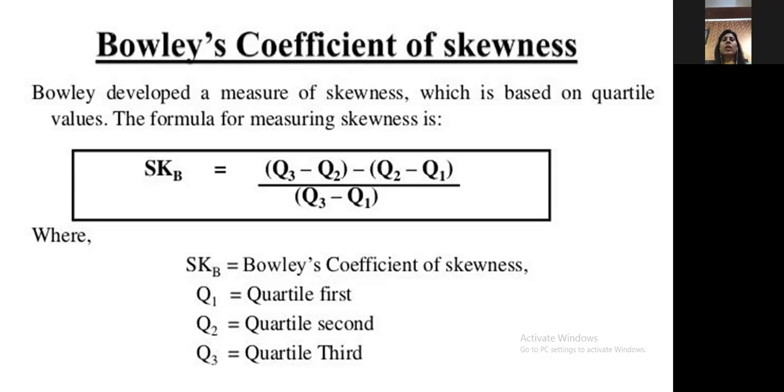What is a quartile actually? A quartile is when we divide the values, just like a quarter. When we calculate the mean of two numbers, we add the two numbers and divide by 2.